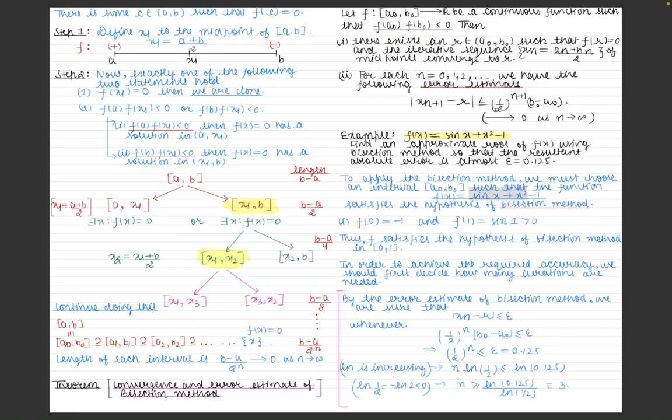Okay. So you see we need an accuracy such that |xn minus r| is less than epsilon.